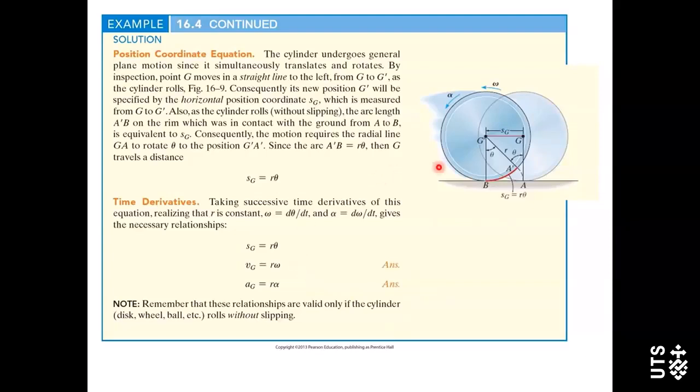If no slipping occurs, we know the distance from G to G prime must be equal to the length of the arc A prime B. The length of arc A prime B can be calculated using the radius of this disk r times this angle theta. So we have s_G = rθ.